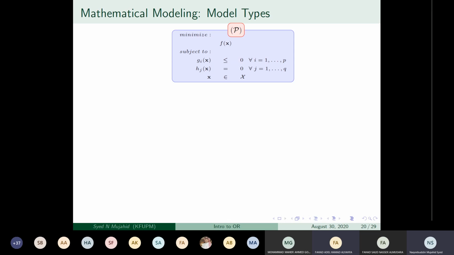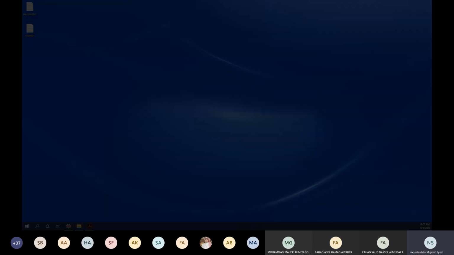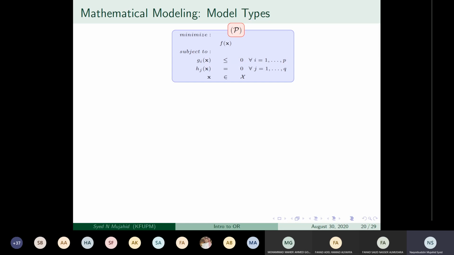So you see, in this quiz, all I was testing was whether you understood the mathematical model types or not. And here are the results. Let me just see which question most of you did wrong.